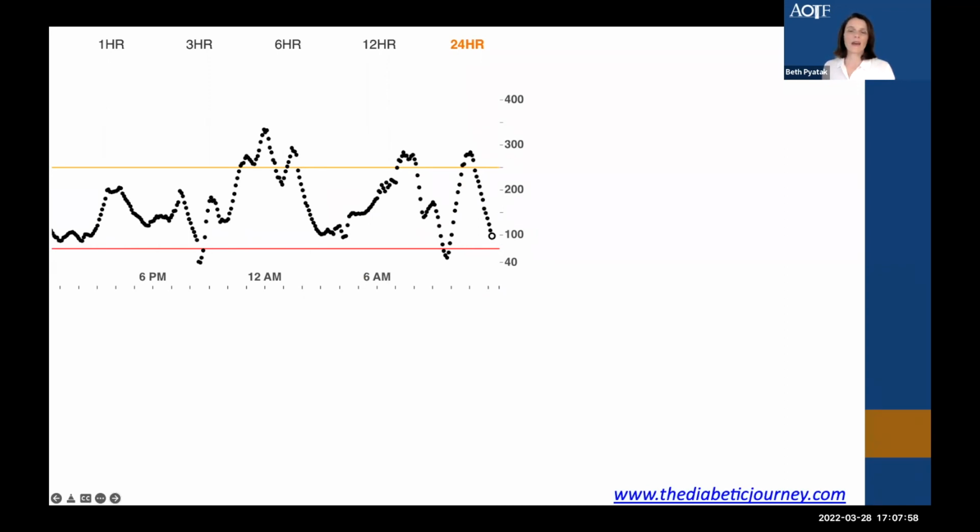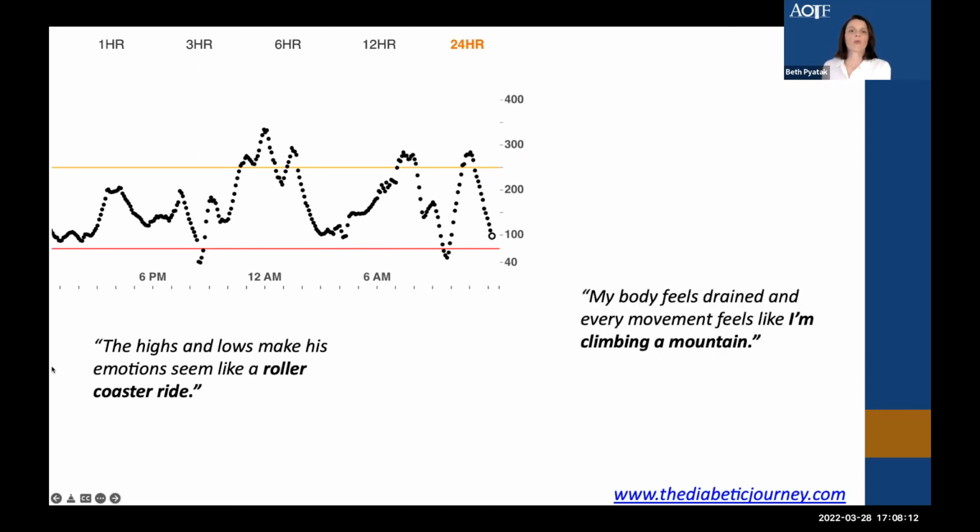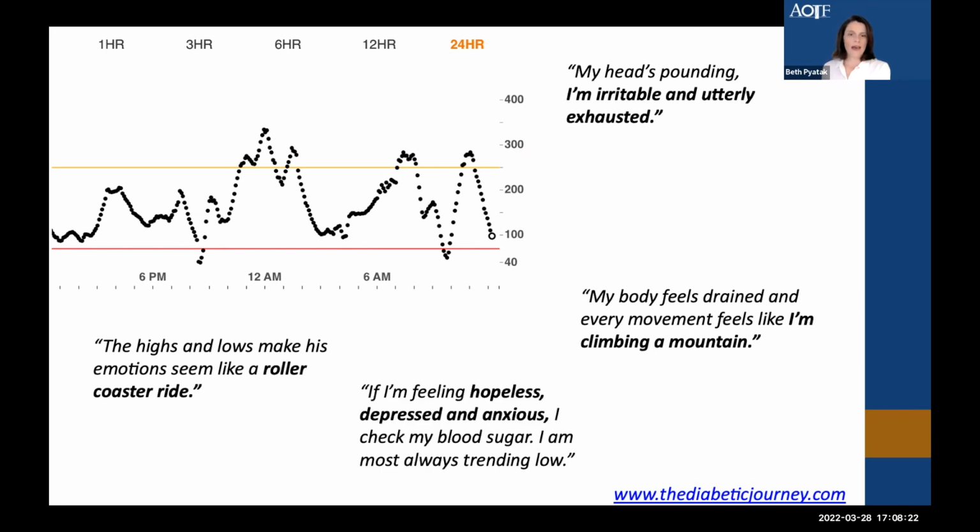So we wanted to better understand the implications of having blood sugars that are going up and down throughout the day. And what we did have was qualitative data from people living with diabetes who would describe these feelings as being like a roller coaster ride, feeling really effortful, like climbing a mountain, high blood sugars making them feel irritable and exhausted, low blood sugar making someone feel hopeless, depressed, or anxious.